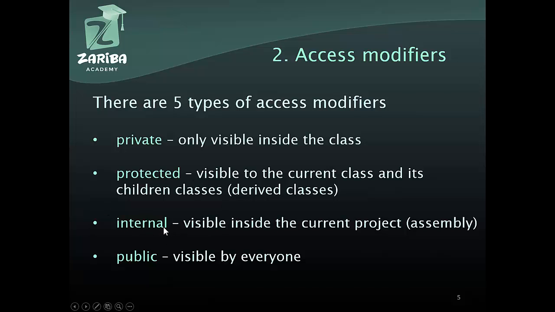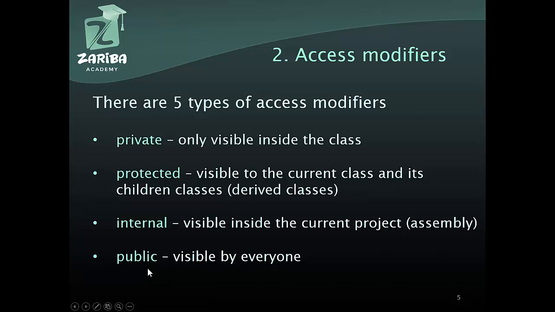Internal means that it's visible only inside the current project. So it's a bit more than protected. Internal means that everything in your current project or assembly is visible there. And public means visible by everyone.